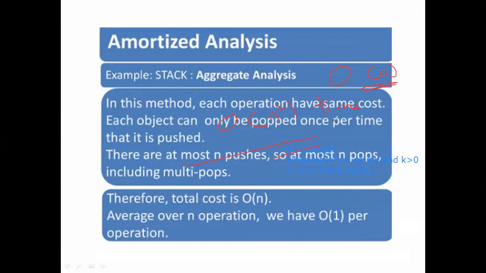So T of n divided by n, where n is the total number of operations, gives a complexity of big O of 1. This is about aggregative analysis.